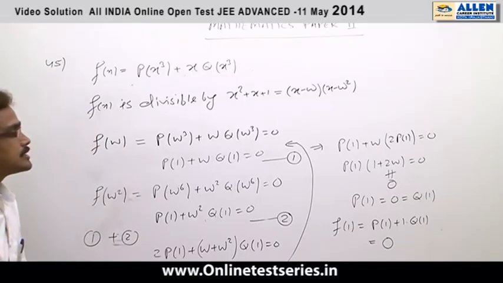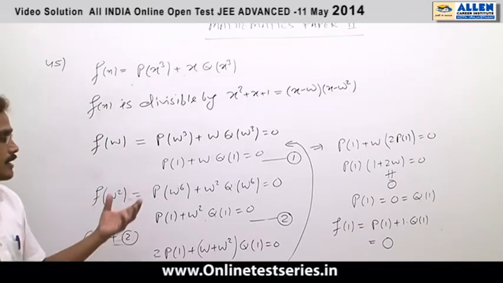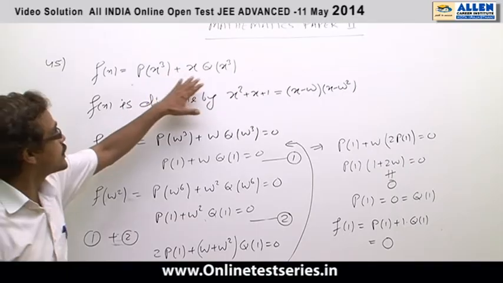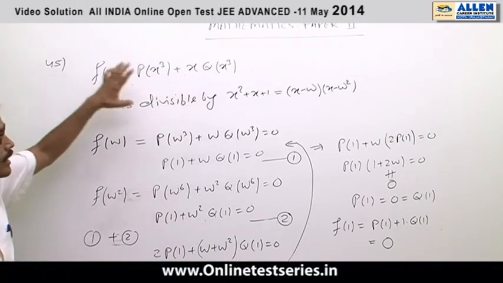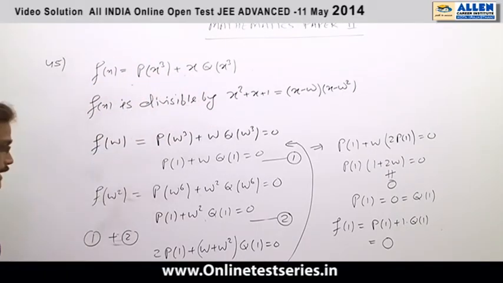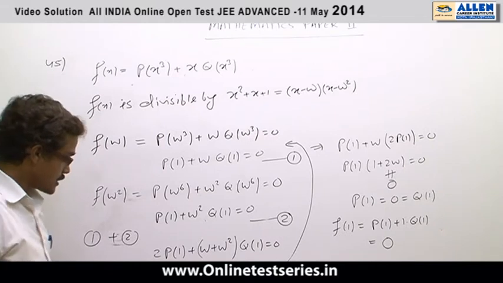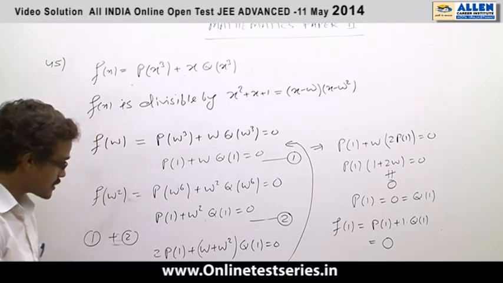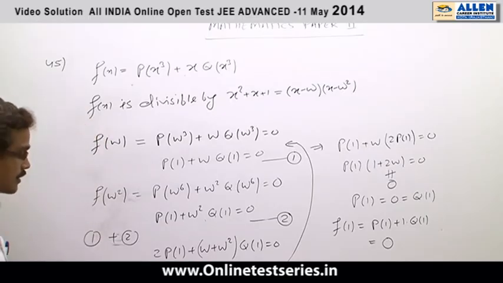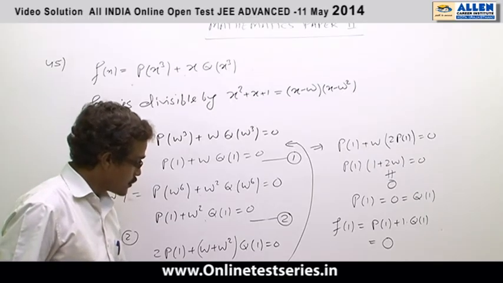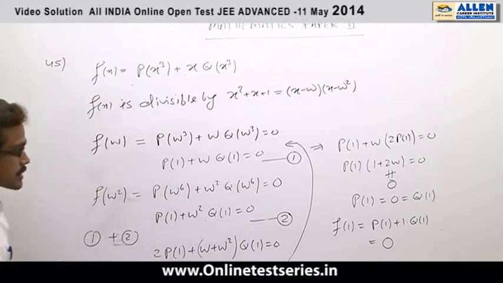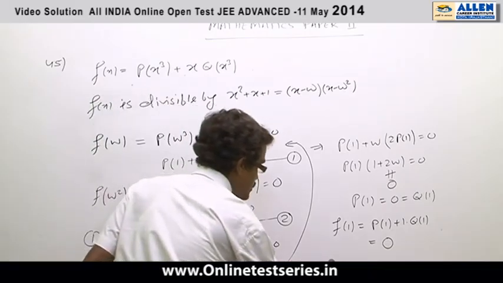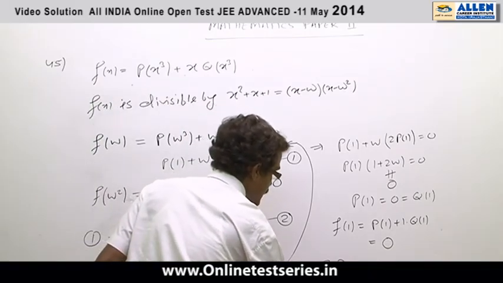So all these results give that the polynomials p(x), q(x) as well as f(x) are divisible by x minus 1. So from this we can conclude that options C and D are correct. Option C, both p(x) and q(x) are divisible by x minus 1, and option D, f(x) is also divisible by x minus 1. So the answers of this question are C and D.